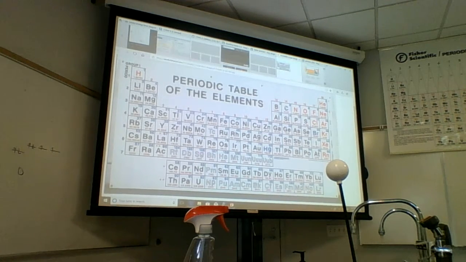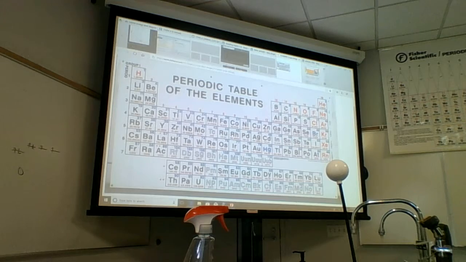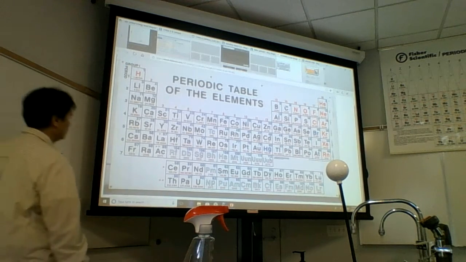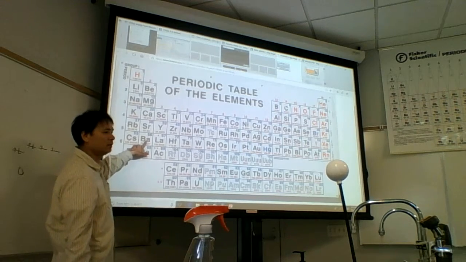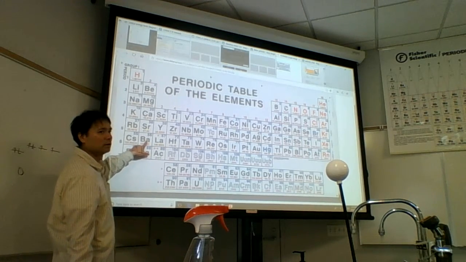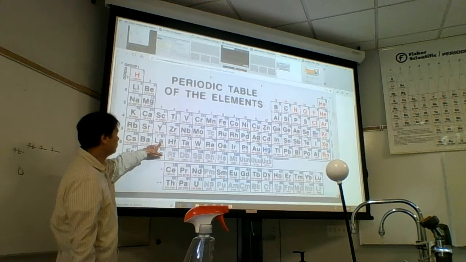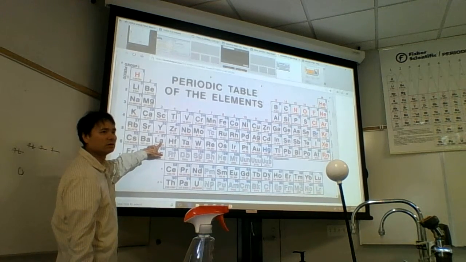That's 56 electrons. Now, where does the 57th electron go? 57 would be 5d1.